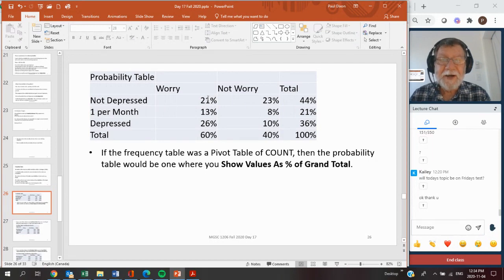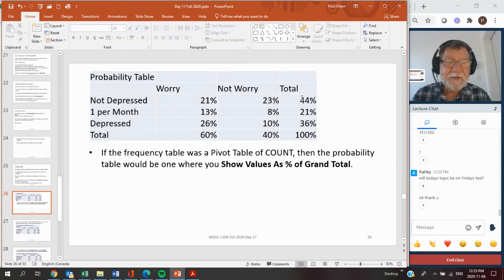This probability here, 21%, is the probability someone is worried but not depressed. We calculated this one, the 26% of being worried and depressed. 8% are not worried, and they're depressed only once per month on average. So these are all the joint probabilities of the two things happening together.